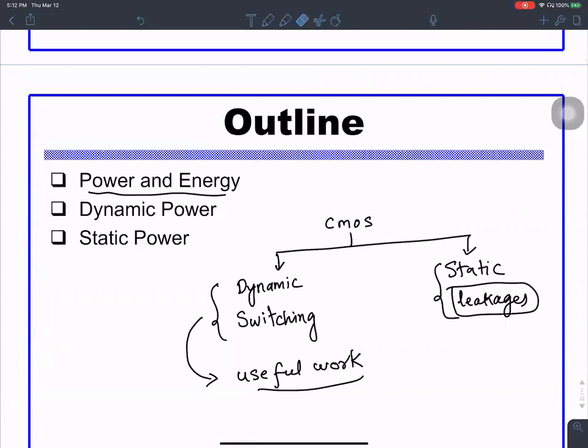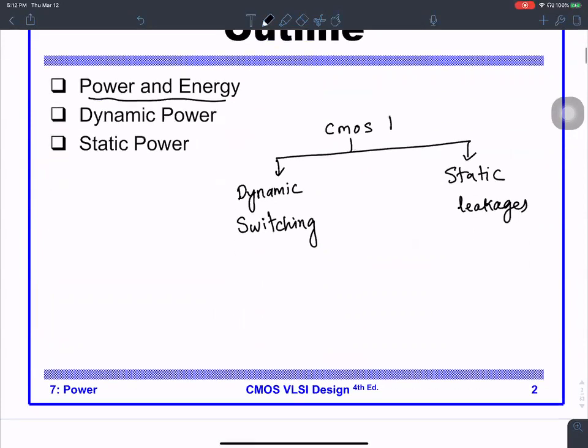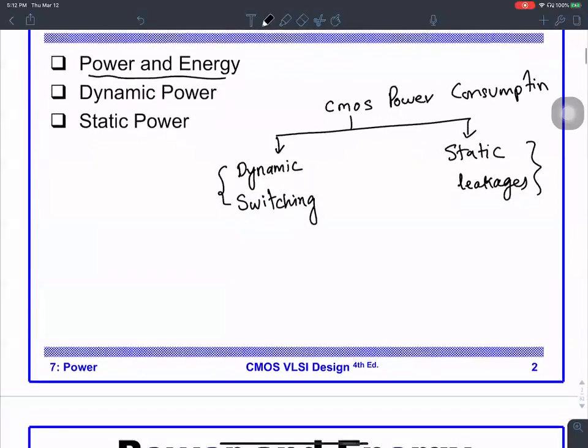Also, I mentioned that the CMOS power consumption has two main components, the dynamic or switching power and the static power. Dynamic power is the power that is consumed when the circuit is doing useful work.